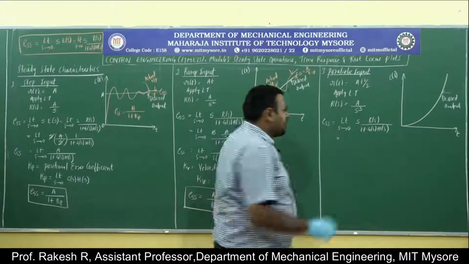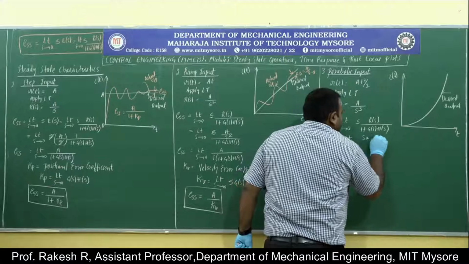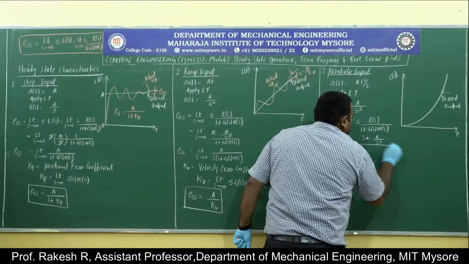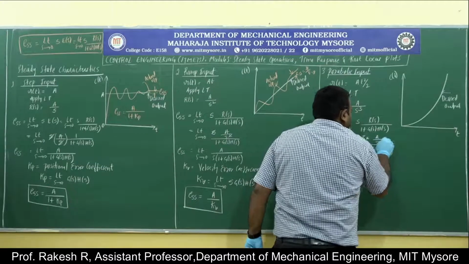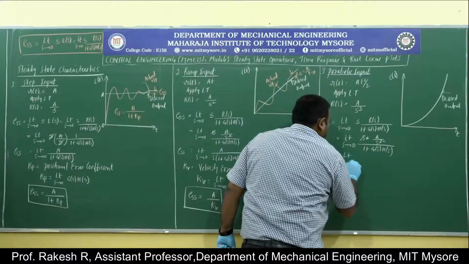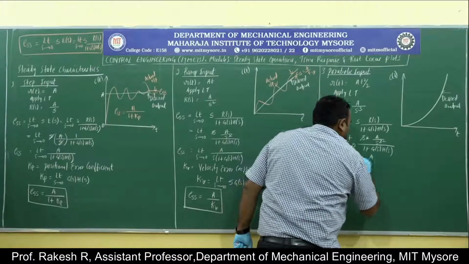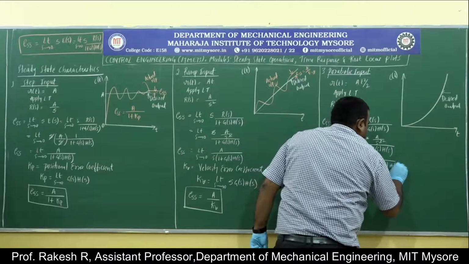So I will substitute the limits again. Limit of s tends to 0, s into A divided by s cube, divided by 1 plus G of s into H of s. S square is the remaining, and that will be coming to the denominator, A divided by s square into 1 plus G of s into H of s.